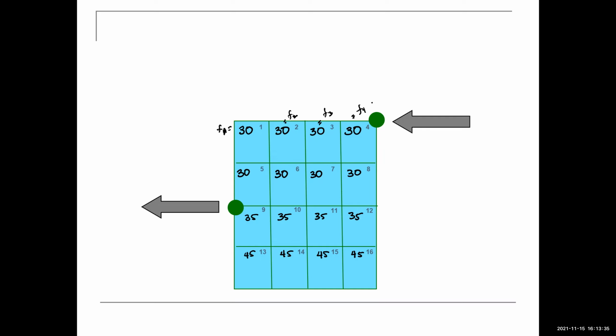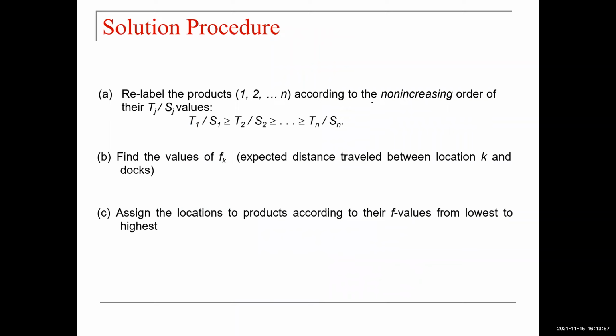And now, remember, we have 2 products. So the idea now is where in this grid you assign product A and product B. So for us now, we have to identify a way to prioritize these 2 products. If you remember from the algorithm, we are going to relabel the products according to the non-increasing order of TJ over SJ.